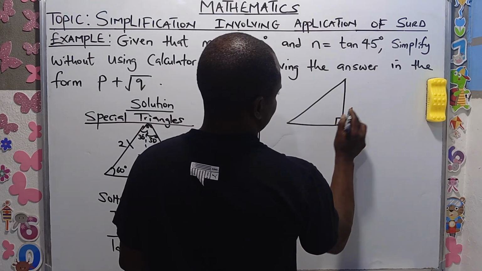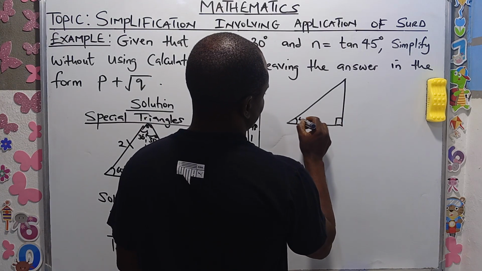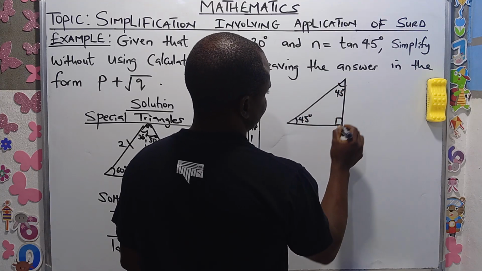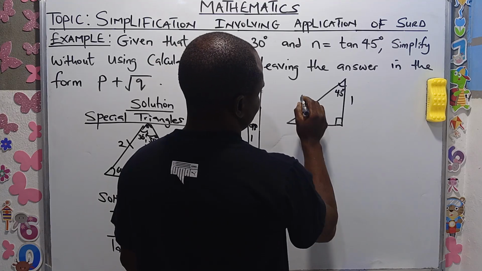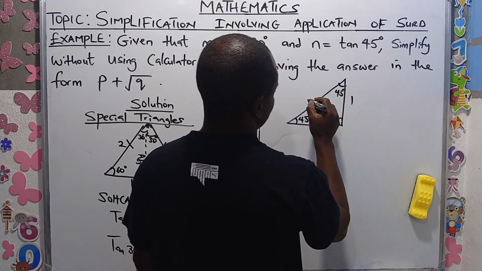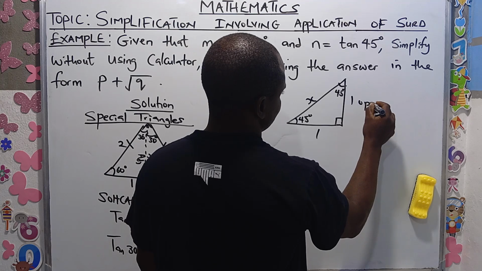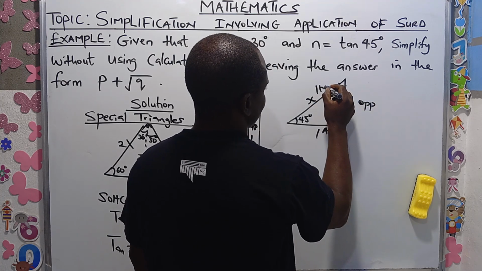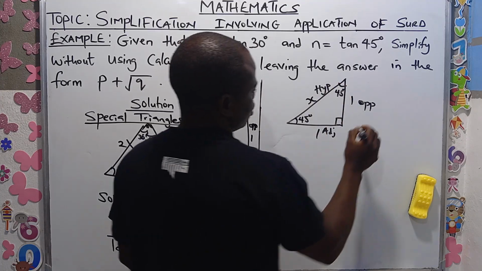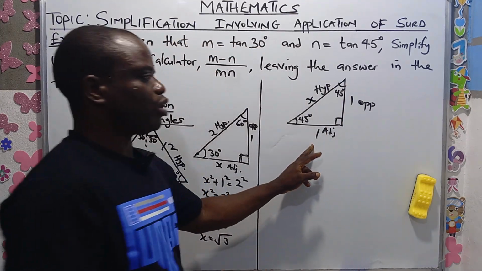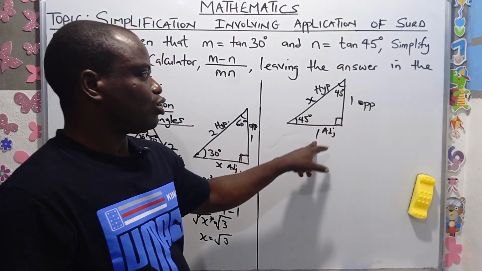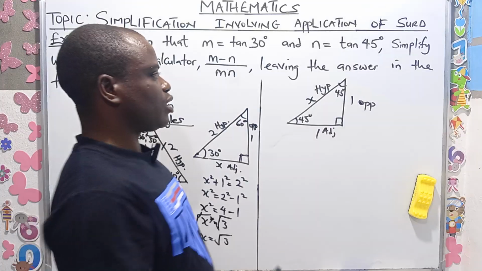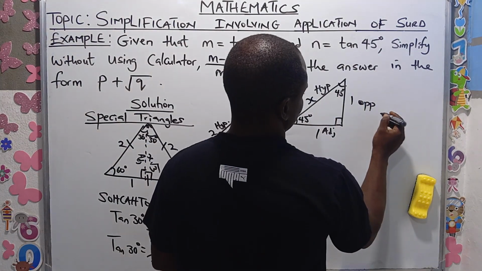Now, we're having angle 45 degrees. It's 1, 1. Take the other side to be x. This is the opposite, adjacent, and hypotenuse. The addition of the squares of these two smaller sides equals the square of the longest side, which is the hypotenuse.